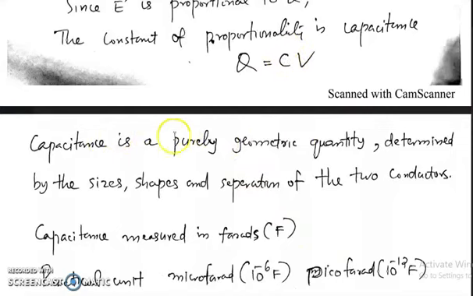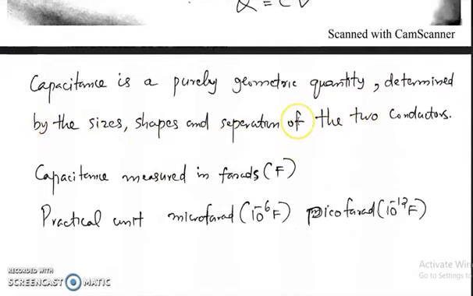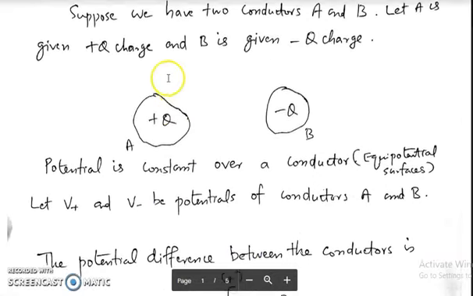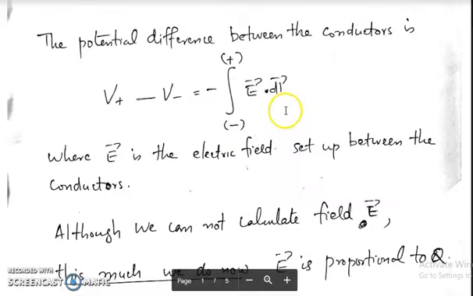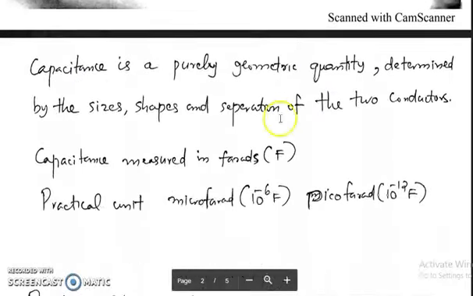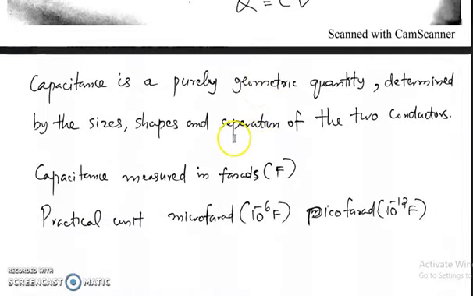Capacitance is a purely geometric quantity. It is determined by the size, shape, and separation of the two conductors, on which the capacitance depends.